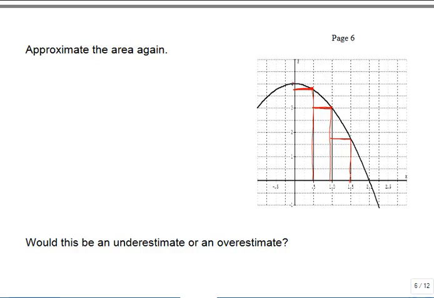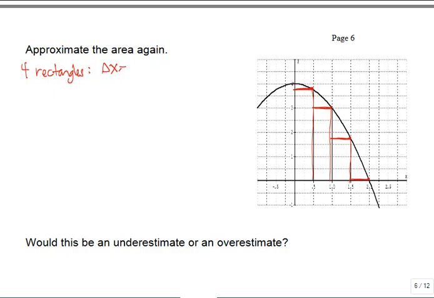The third rectangle, I'm using the 1.5, plugging that in and going horizontally across to tell me how high to go. And this one, you can't even see it because when I go across to that right endpoint, which is at 2, that height is actually 0. So this last rectangle actually has no area at all because its height is 0. So here's what's different. We're still using 4 rectangles.